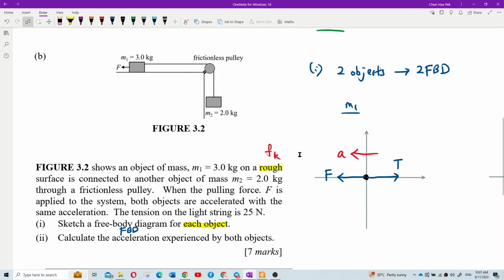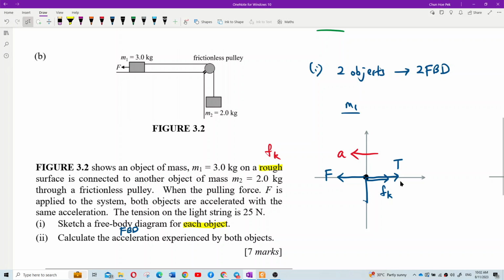Friction to the right. There is another force, friction, because the surface is rough. Friction to the right because the acceleration is to the left, the object is moving to the left.